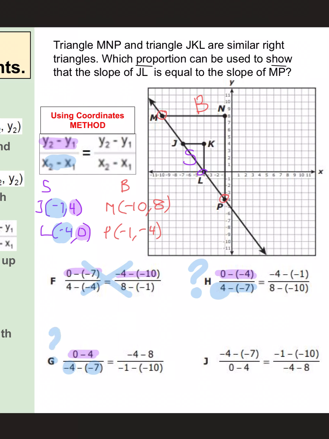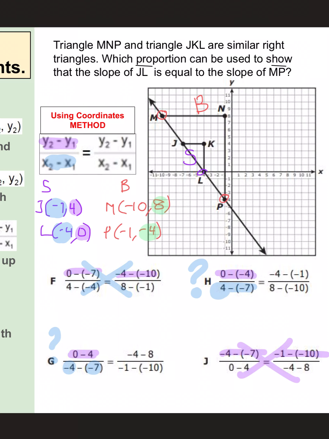I'm going to look at the last one, and then I'm going to go back and check my question marked answers. So on my last one, I'm going to look for 4 and 0. Nope. So that's definitely out. So when I go back to my remaining questions, on the other 2 points, the big picture, let's take a look at the y's.